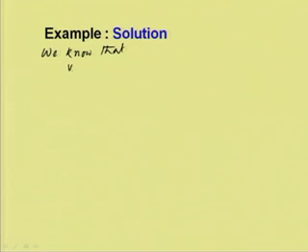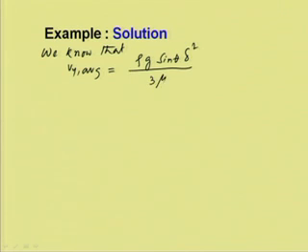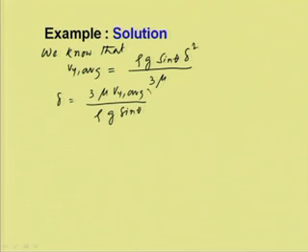We know that V_y average will be rho g sin theta delta square divided by thrice mu. So, here delta we can write as (3 mu V_y average divided by rho g sin theta) to the power half.